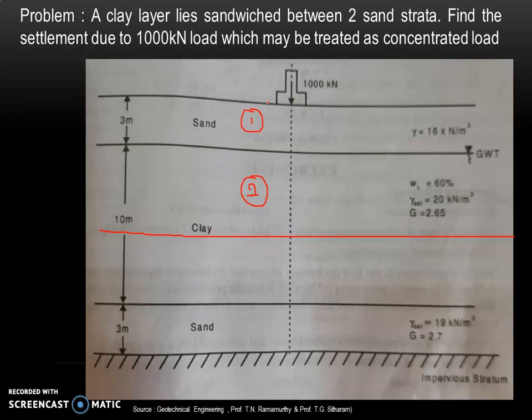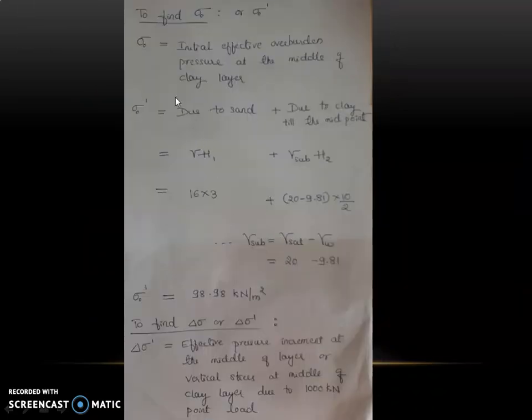Sigma naught is nothing but the self weight of the soil. So self weight of the soil at the midpoint will be unit weight into height of sand layer plus unit weight into height of clay layer till the midpoint. So we write sigma naught equal to unit weight into h due to sand plus unit weight into h due to clay layer till the midpoint.